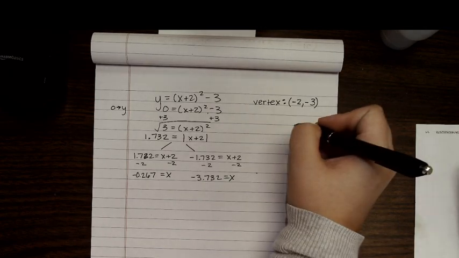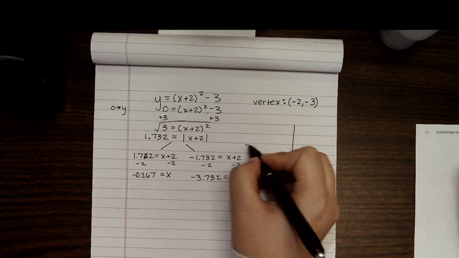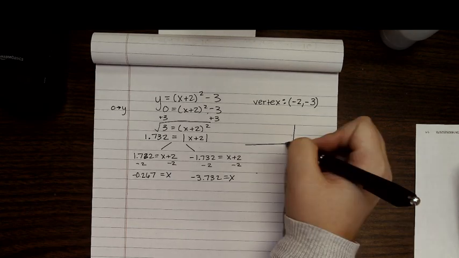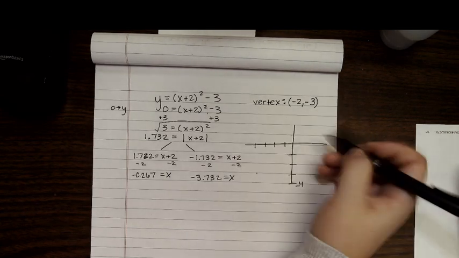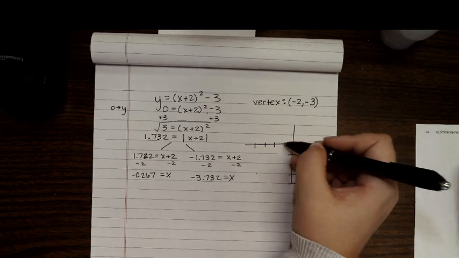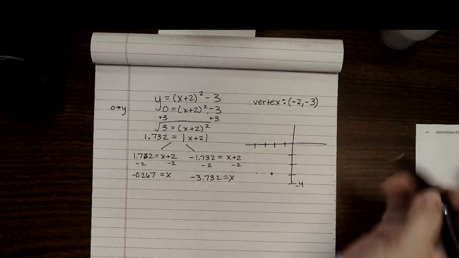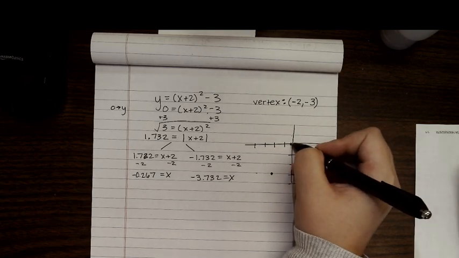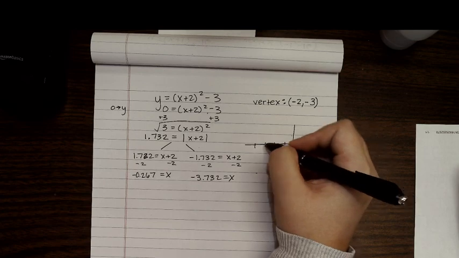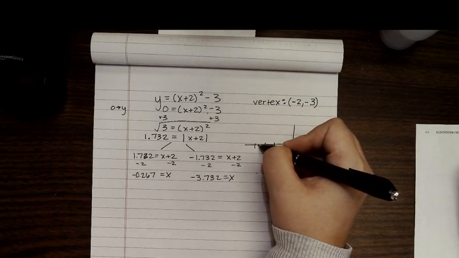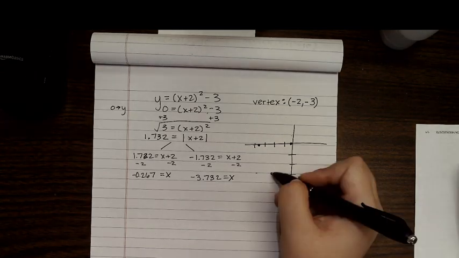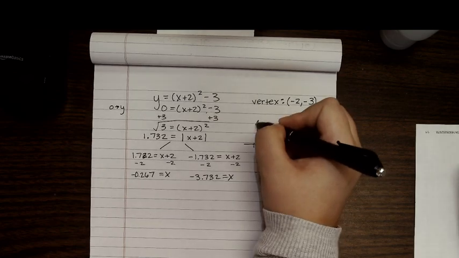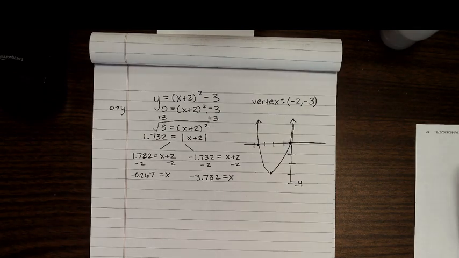So if we were to make our sketch of this, I'm going to plot my vertex, (-2, -3). And then my first x-intercept is at about negative 0.2. And then my second, negative 3.7. So this is a little bit harder to sketch because they're decimals. But it's a way for us to sketch the parabola without using Desmos.